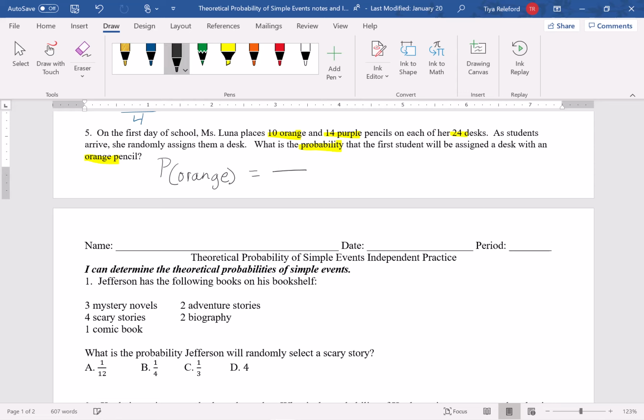So orange goes on top. How many oranges do you have? And the total goes on bottom. Oops, wrong total. Now I will tell you, you can divide by 2 to simplify.